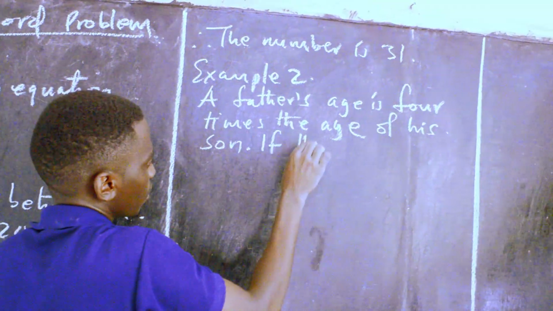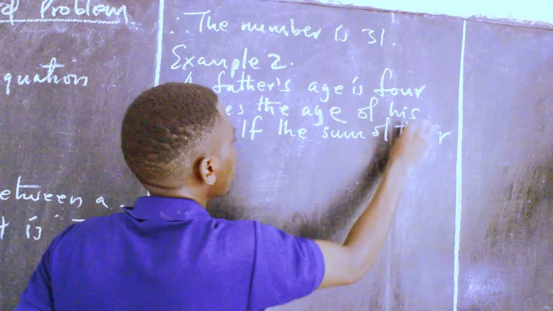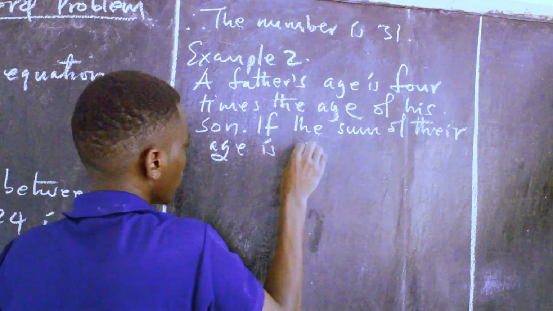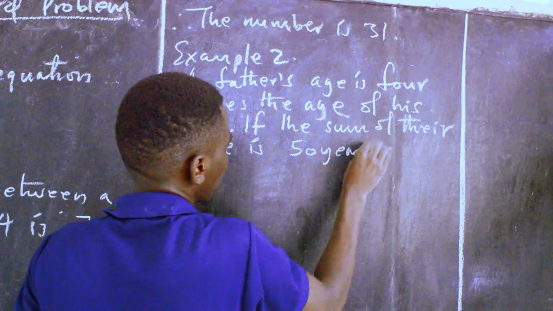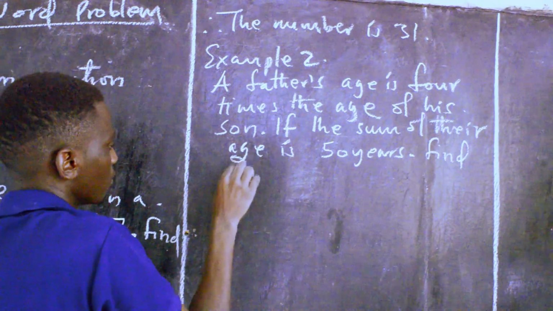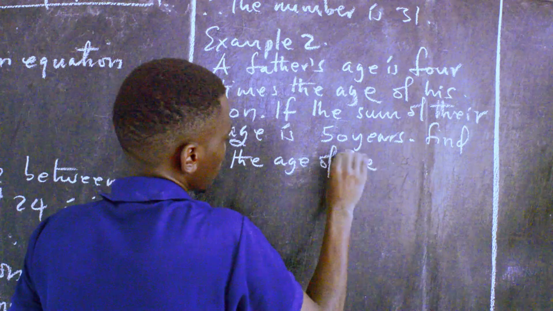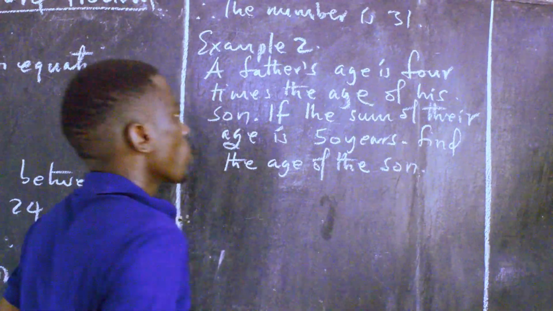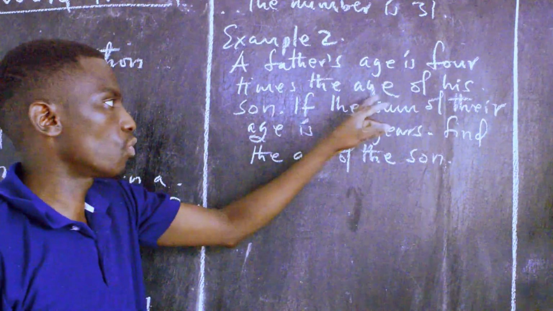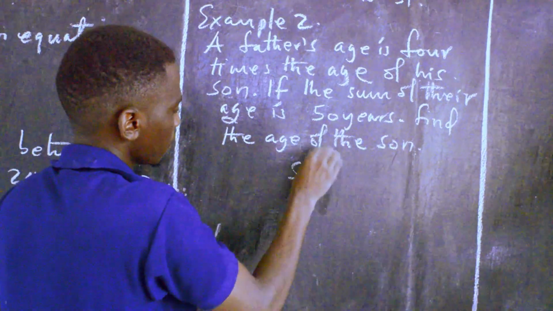If the sum of their ages is 50 years, find the age of the son. You have this kind of question. The father's age is 4 times the age of his son. So, solution here.